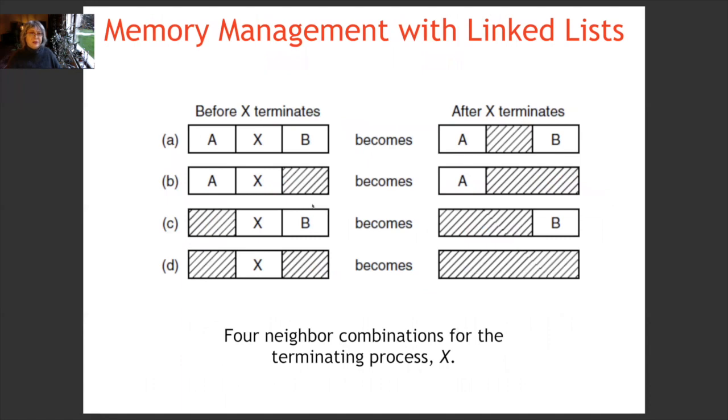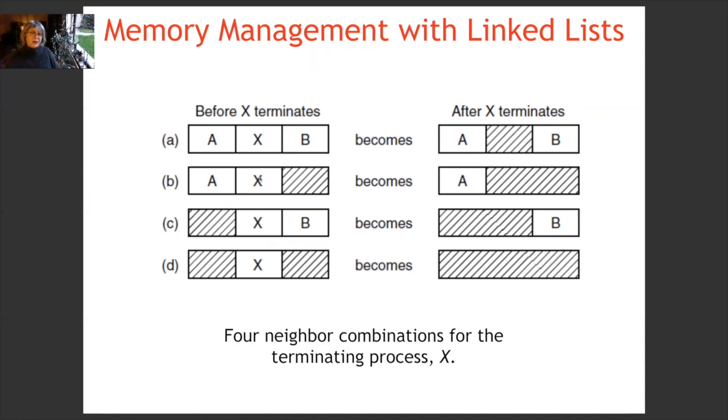When a process terminates, the neighboring free area should be combined. There may be different cases. For example, before X terminates, it may be like that as given in part A. Here we have a process A, then comes process X, and then process B. When this process terminates, we have a free area in that location.